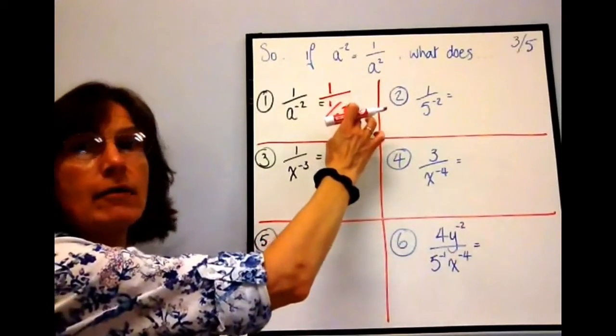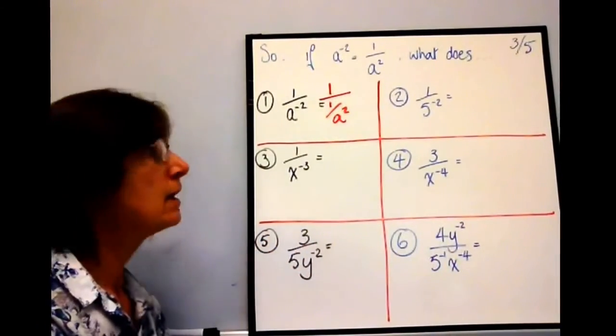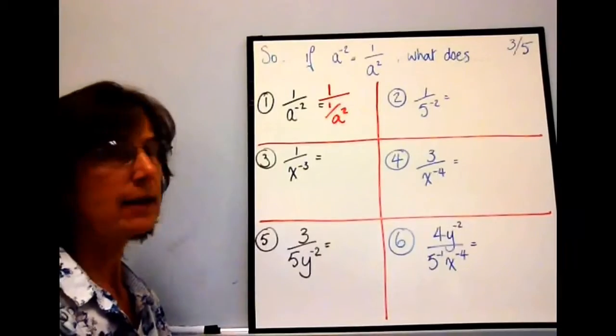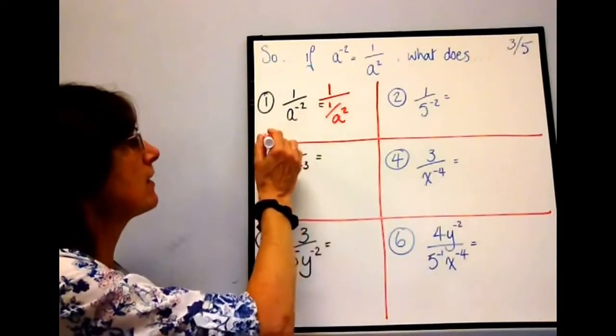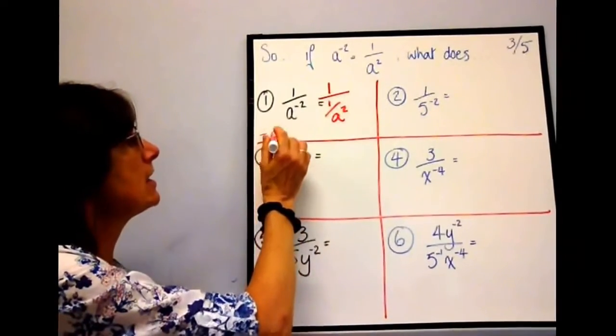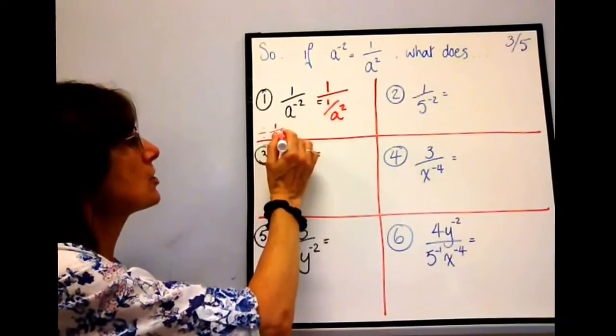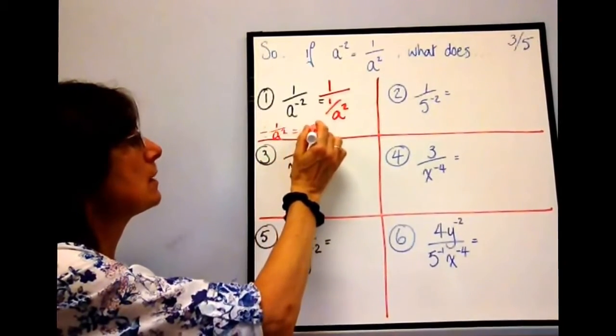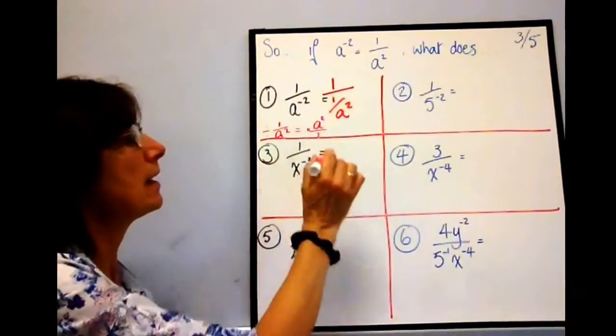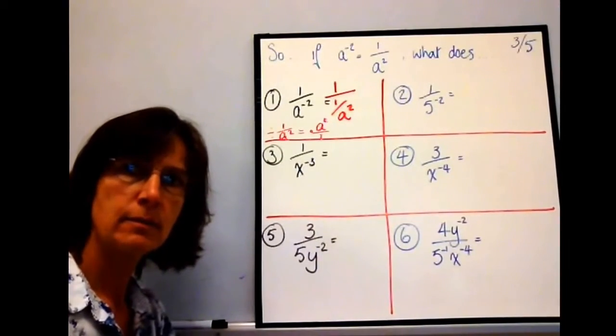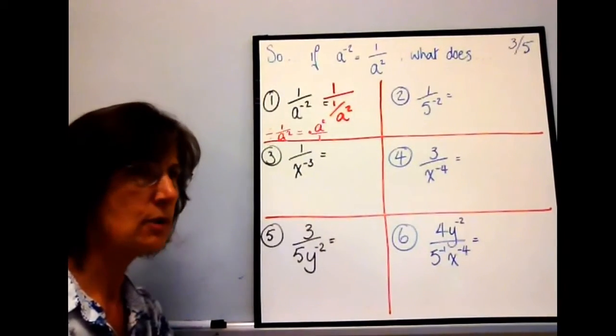Well, I cannot have a fraction within a fraction. And I'm going to ask you to think back to the days of dividing by fractions. Isn't dividing by a fraction the same as multiplying by its reciprocal? You recall that? I hope so.